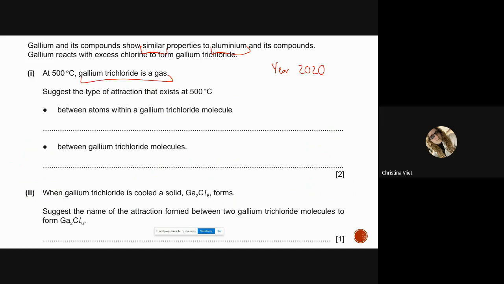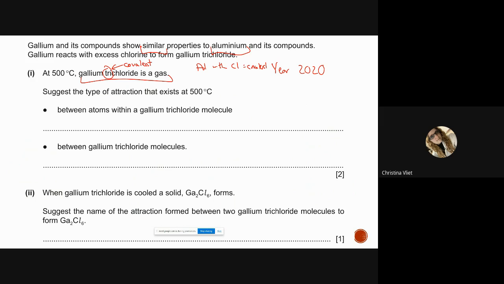What do we know about aluminum and chlorine? Is that covalent or ionic bonding? So you're supposed to draw the same conclusion for gallium and chlorine, also from the name, gallium trichloride. For those of you who remember from pre-ACE or honors, if I see a tri, that actually tells me it's covalent.